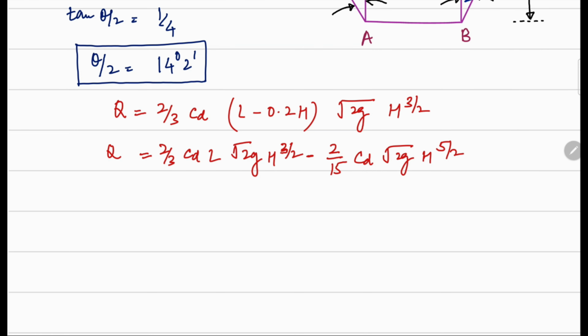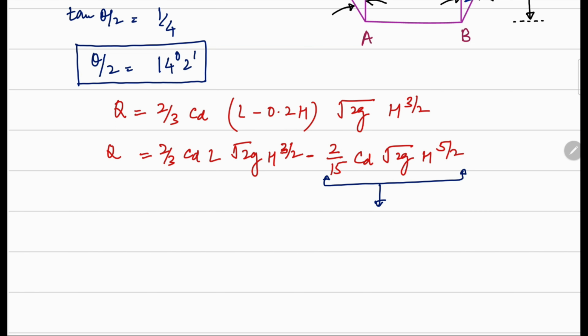If you inspect this expression, due to the presence of end contraction, the discharge decreases by this much value, which is 2 by 15 CD under root 2g H raised to the power 5 by 2. This decrease in the discharge can be compensated by providing two side slopes, so that the discharge through the two triangular portions is equal to this decrease.